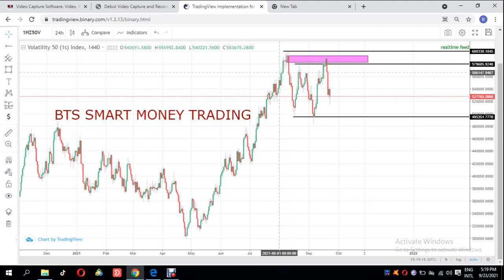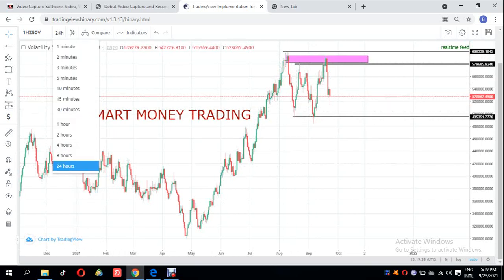Not demand, sorry for that. This is our supply, and we have another sell here, and the buy. We can identify this as our key area here. I don't want to call this demand because the volume of the candlestick doesn't satisfy me.